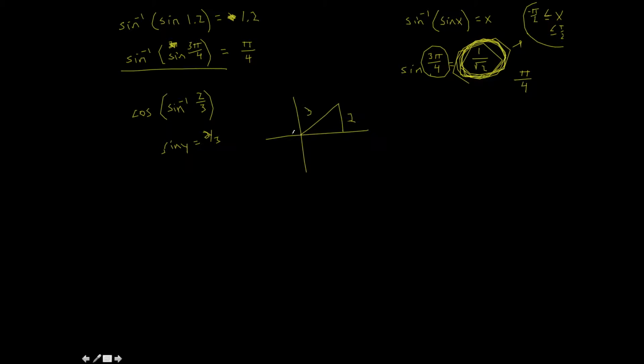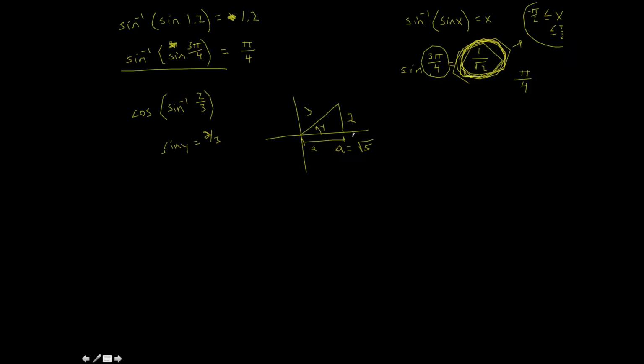All right, we're trying to find this angle right here, this y. First and foremost, we need to find A, this side right here. This is our A. So use your Pythagorean theorem. A squared plus 2 squared equals 3 squared. And you get your A to be the square root of 5.